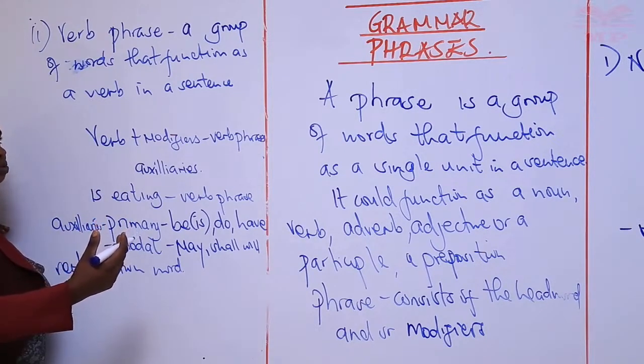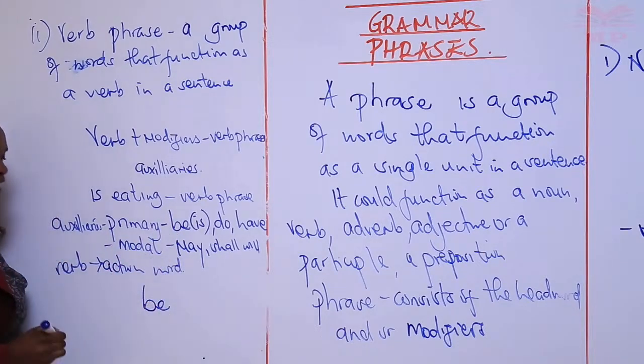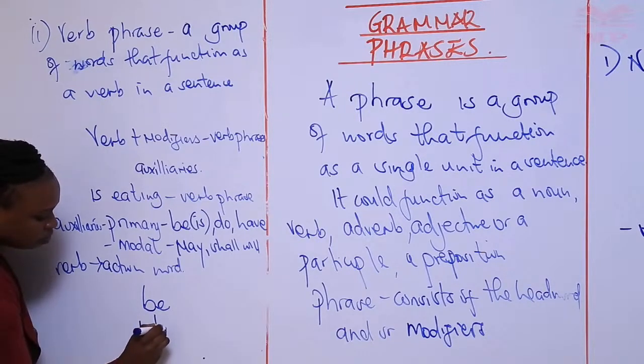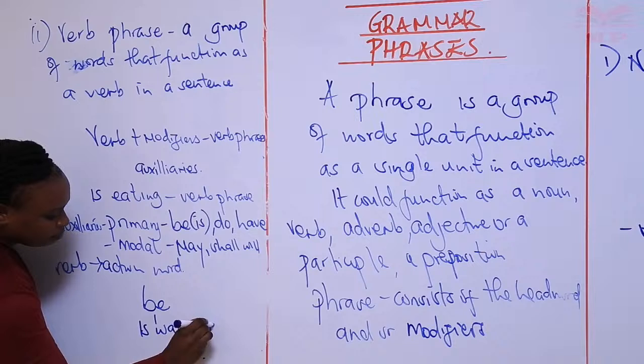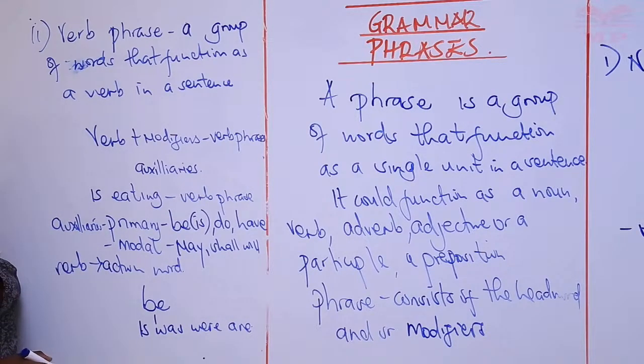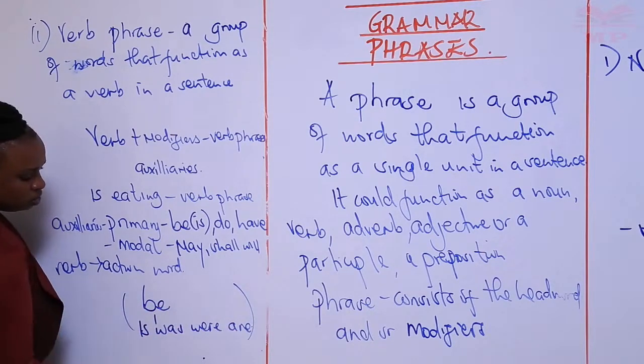In this case, a verb can just be, for example, a verb like be, but it has its forms, e.g. is, was, were, are. So for you to say "we are here," we can say we are here. But if it is used in a sentence, in this case, it will be used as an auxiliary.